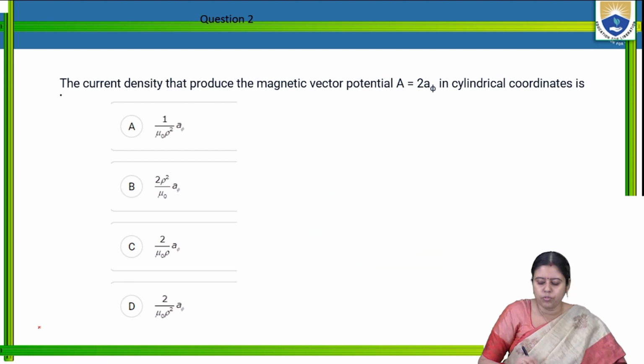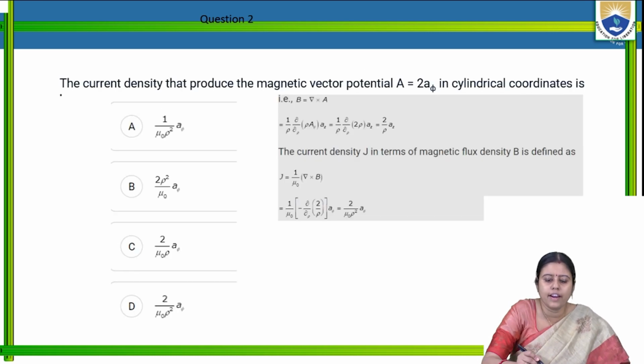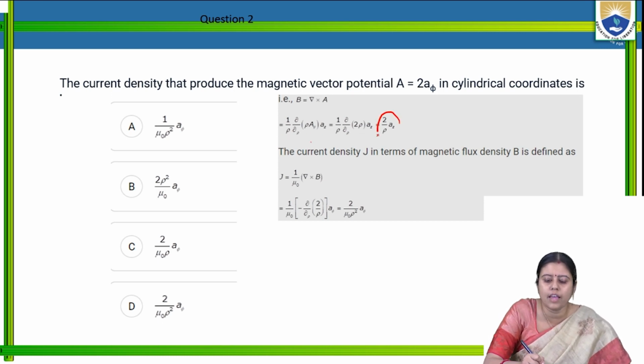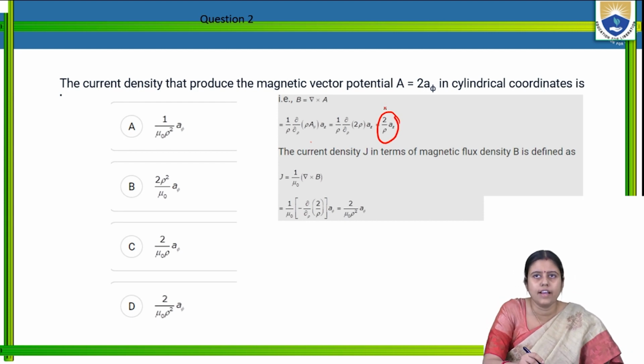If we solve this, we can get the answer. First is grad cross A, and after solving this, we are getting the grad cross A value as 2 rho A z.